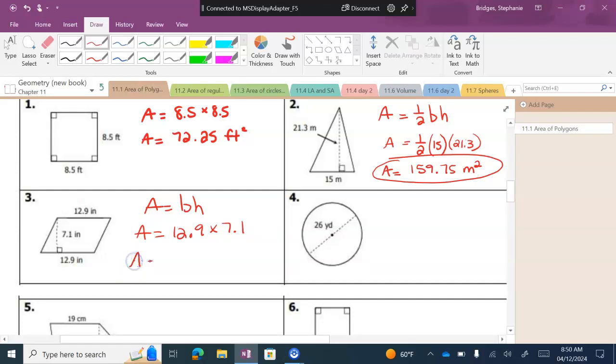And we get 91.59, and my units would be inches squared.